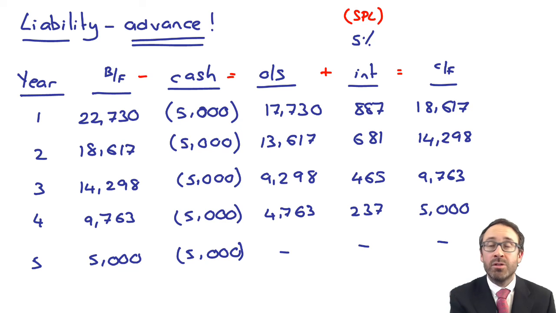You've made the 5th payment, so there's no liability outstanding at all for that 5th year, and therefore there is no interest applied to it either.